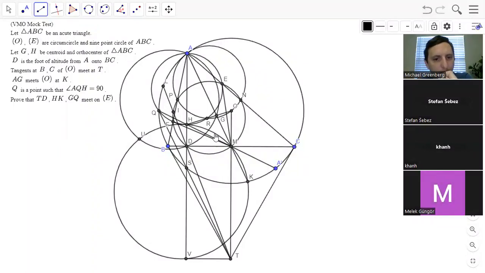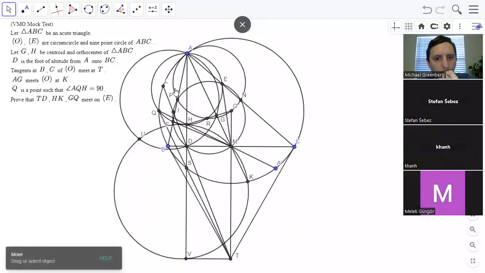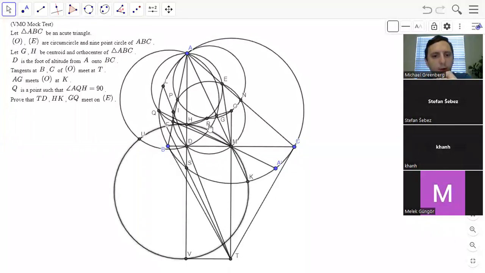So HMK and ADG. We let HMK and ADG intersect at U, and we want to show that U lies on the Euler line.